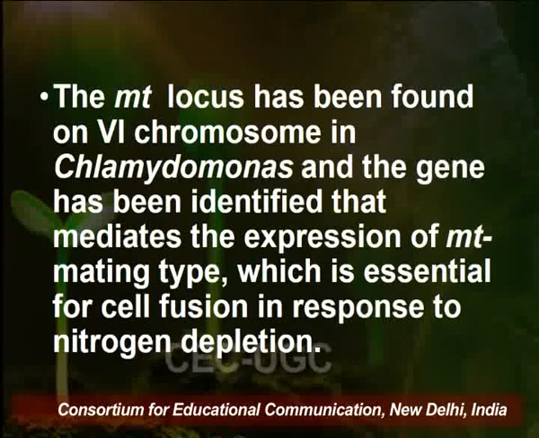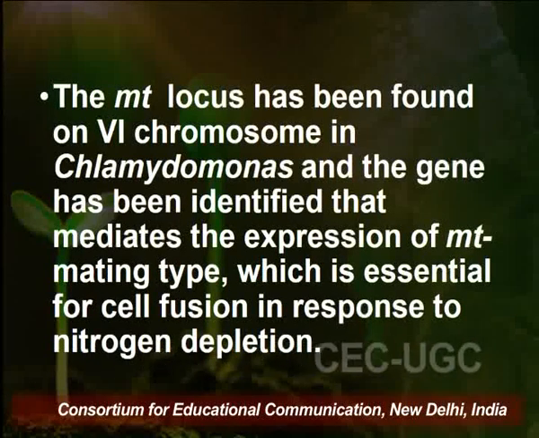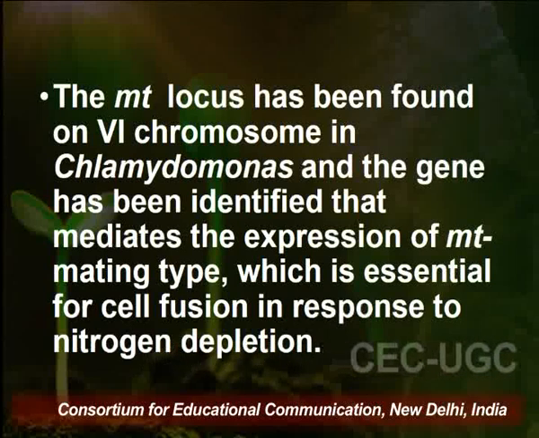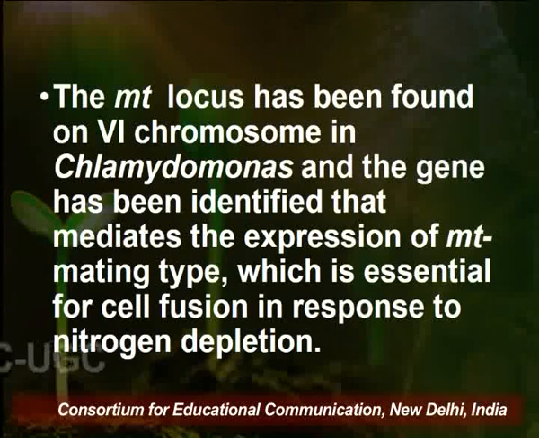And I had also reiterated some of the modern ideas that this particular locus has already been located on chromosome number 6 in Chlamydomonas, and this is essential for the cell fusion in response to nitrogen depletion.